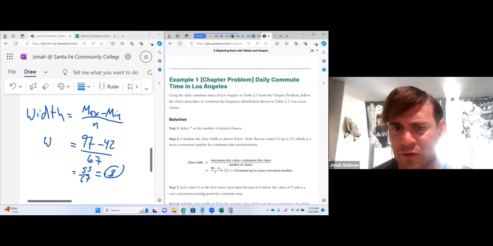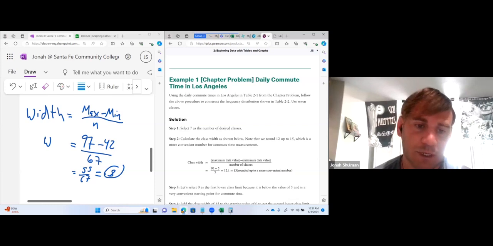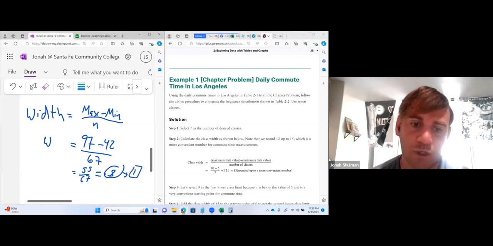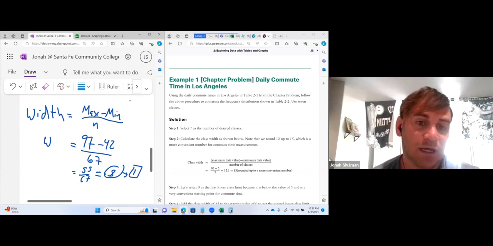So using the table, 90 minus 5 divided by 7. Then you're supposed to round it to a more convenient number. So we got 0.8. What would I do if we're going to use their silly little method? I would go by ones every time. This symbol means approximate. So I would do 42 to 43.